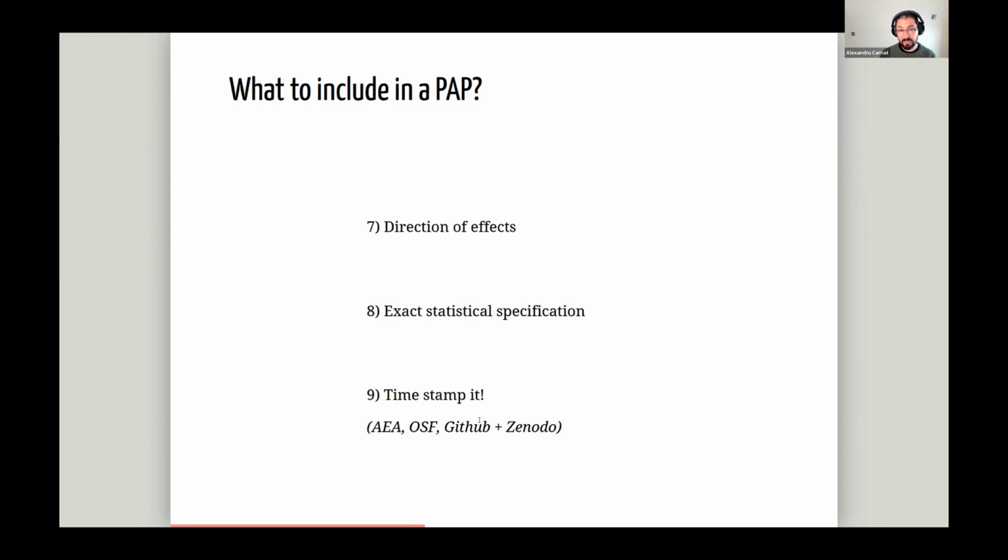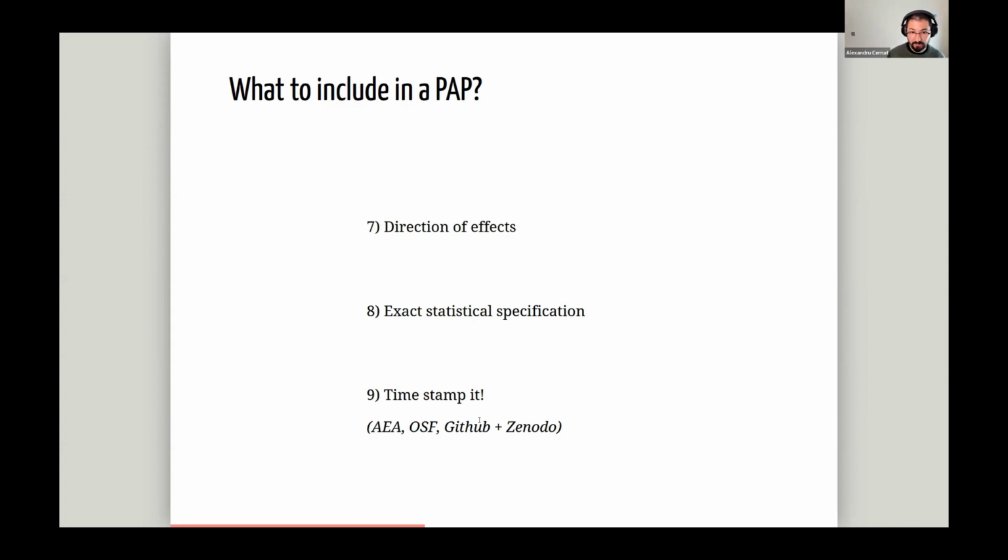And you should say very precisely what statistical models you're going to run, what variables you're going to include, what their sequence is, and so on. So as much information as possible about the model that you're going to run.